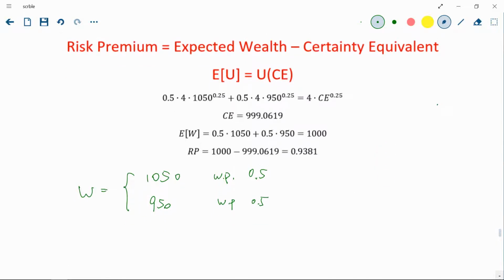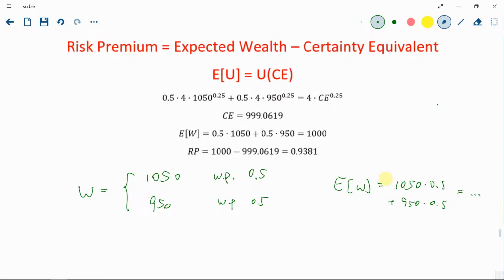So that's wealth. So expected wealth is just number times probability. So it's this times half plus this times half, whatever that is.